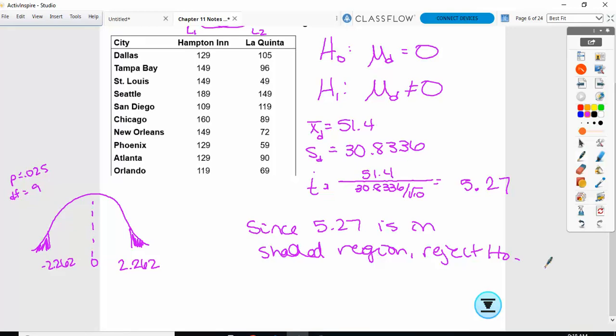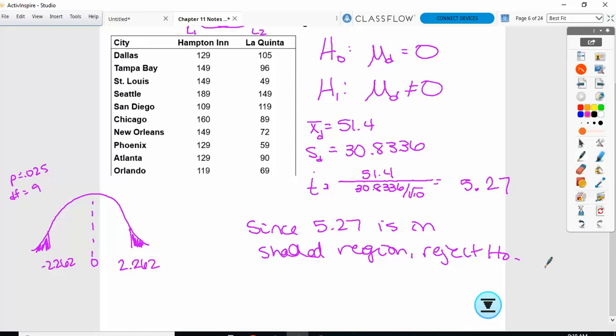So if I were wanting to check if Hampton Inn was more expensive, what would my alternative hypothesis be? Yeah, if this one's more expensive, then when I subtract them, I should get a positive. So my difference would be greater than 0. If I wanted to check if Hampton was cheaper, then my alternative would be less than, because if the first one is smaller, you get a negative when you subtract them. Does that make sense to everyone? So you kind of have to think on your null hypothesis.